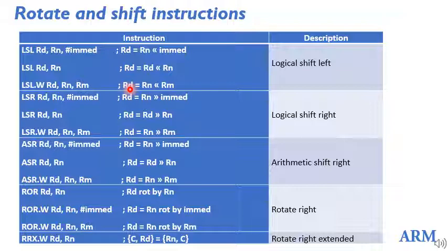Similar to this, we have the logical shift right. Okay. So in logical shift right, the mnemonic is LSR RD, Rn, hash immediate, which means Rn will be shifted to the right by that many positions specified by this immediate value.